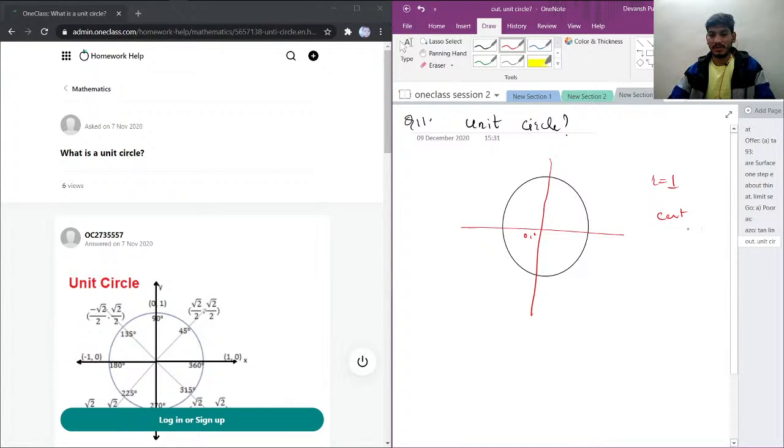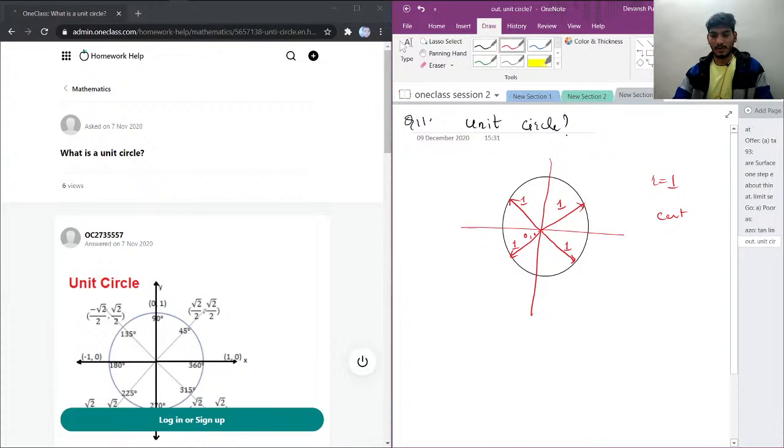The benefit of the unit circle is that if I draw a radius here, and another from here, then all my radii are going to be 1 unit, because the radius of the circle is 1.